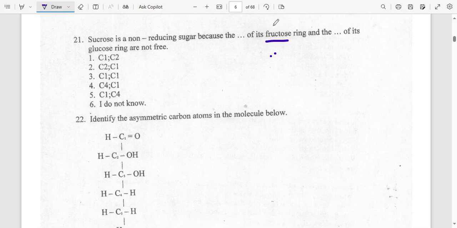The functional group of fructose is at carbon number 2. And the functional group of glucose is at carbon number 1. So both functional groups are going to react, and when functional groups are not free, such a sugar is not going to be a reducing sugar. It's a non-reducing sugar. And sucrose is the only non-reducing sugar which is a disaccharide. So it is C2 and C1. Okay, that's 2.